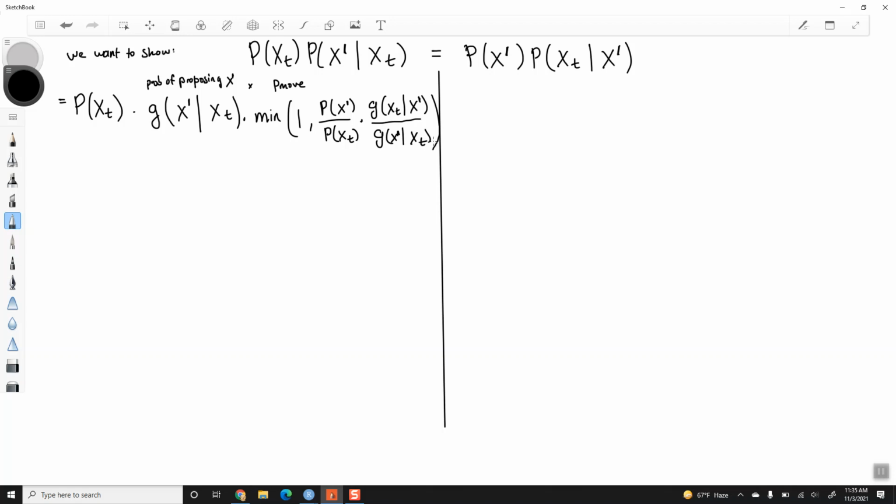I hope you guys can read this. Let me just clarify this. So it's the probability of proposing this location using your proposal distribution multiplied by p move, and p move is the minimum between 1 and this quantity.